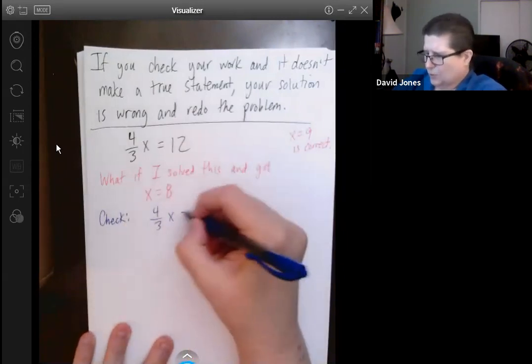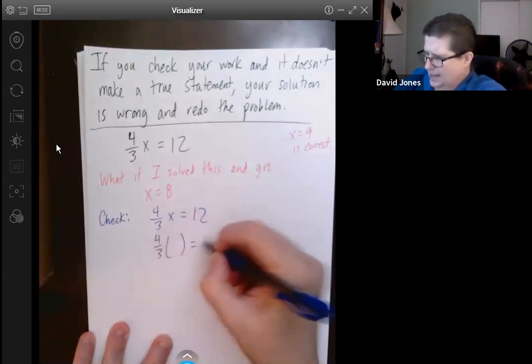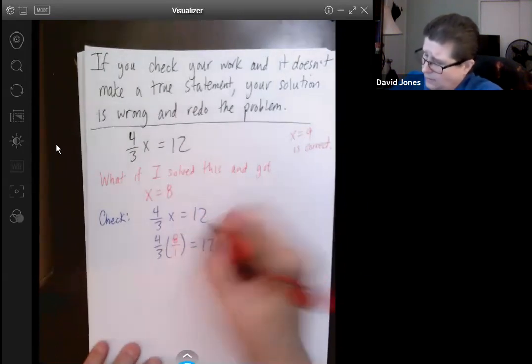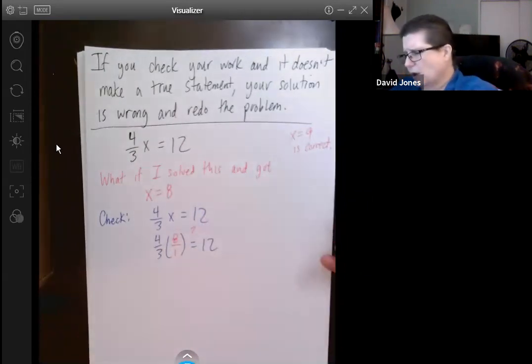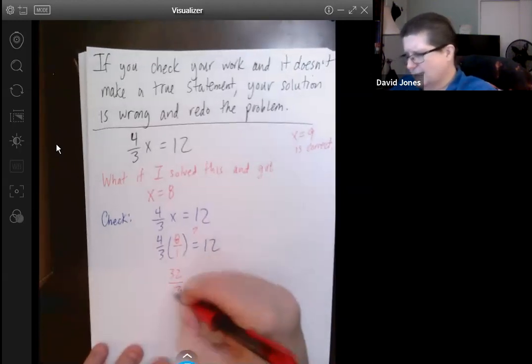Four-thirds x equals 12. I'm going to substitute 8 in. Do 8 over 1. 4 times 8 is 32. The bottom is 3.